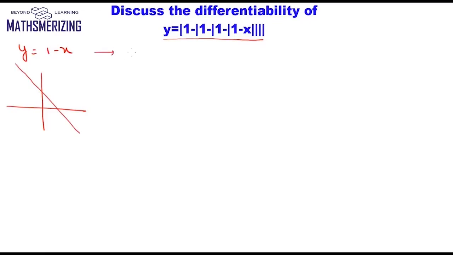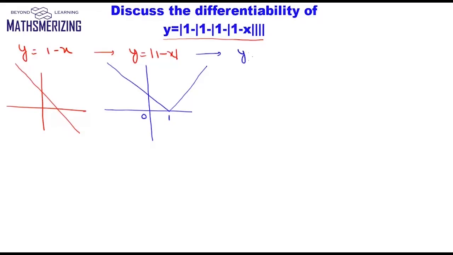Now I'll take the transformation of y equals mod f(x). So mod of 1 minus x. Now transformation of mod f(x) is mirror on x-axis, take the reflection of down on up, and then erase the graph from the third and fourth quadrant. Now I'll take the transformation of y equals minus mod of 1 minus x.